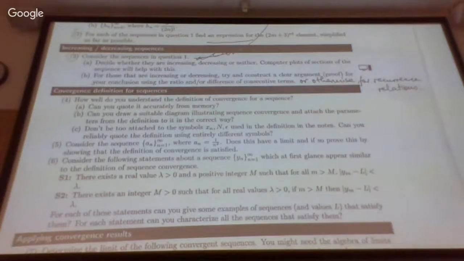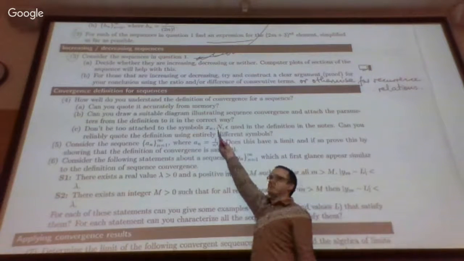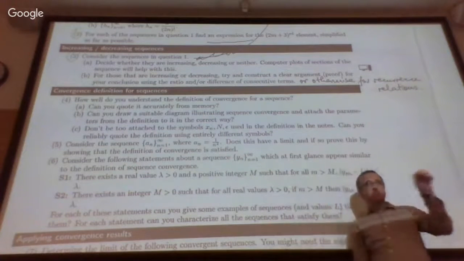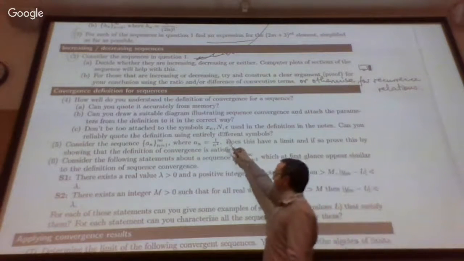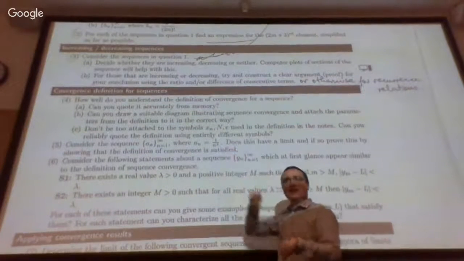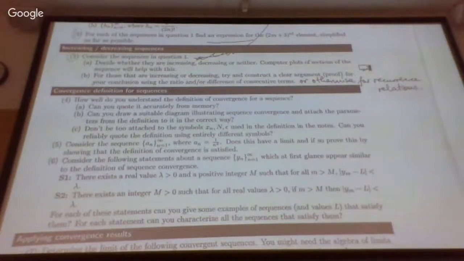You want to understand these definitions in a way that's independent of particular labels, because they don't have any inherent meaning. All these things are just different labels, so we can distinguish and talk about different objects. Epsilon is traditionally used for a small quantity, n is traditionally used for an indexing variable of a sequence and so on. But that's only tradition and custom.